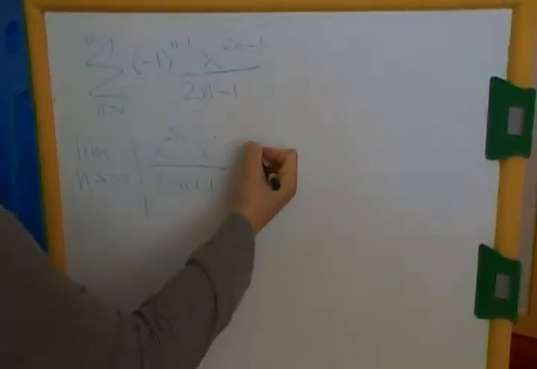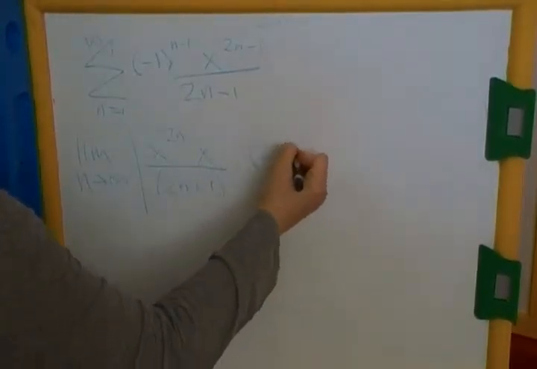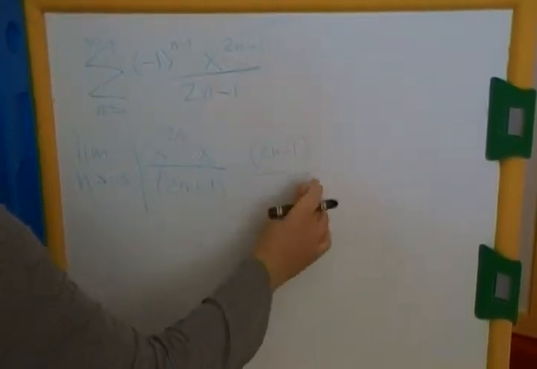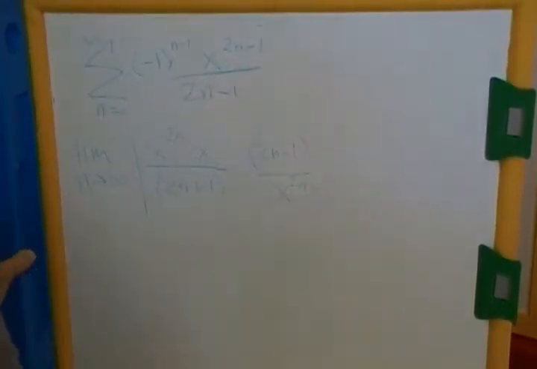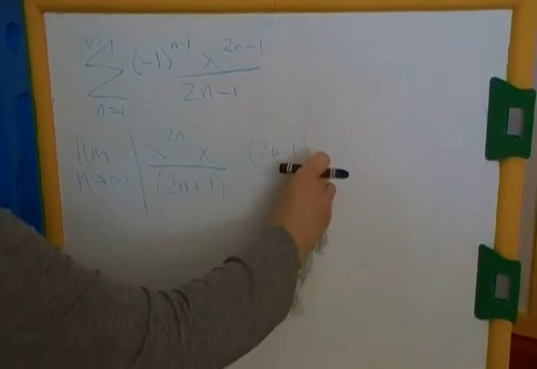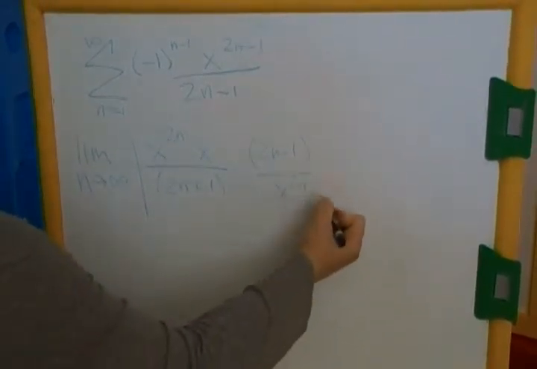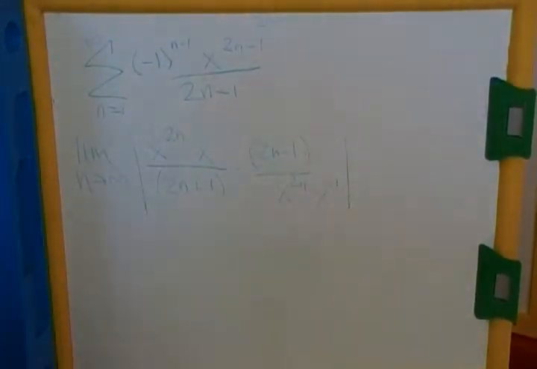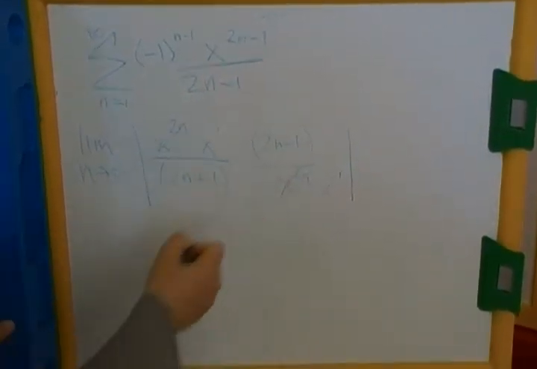And then when we flip and multiply, x to the 2n minus 1, the x to the 2n's cancel.